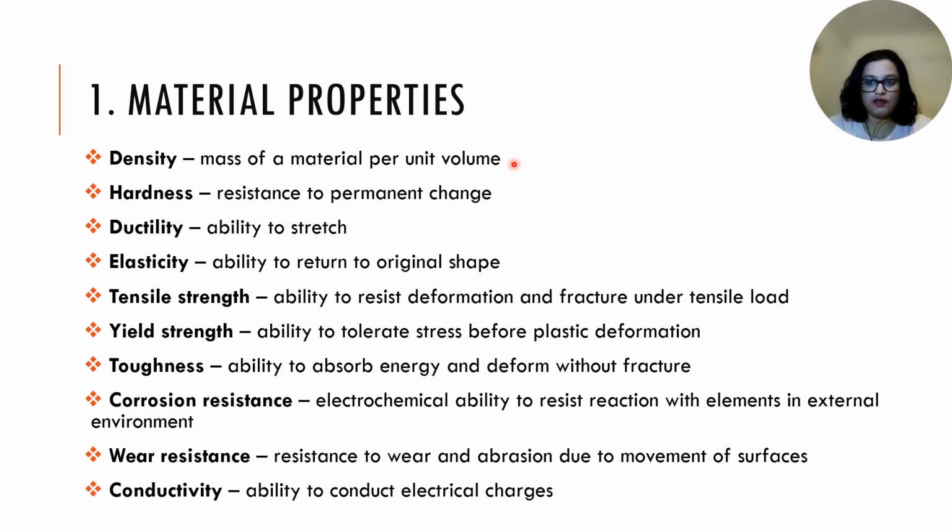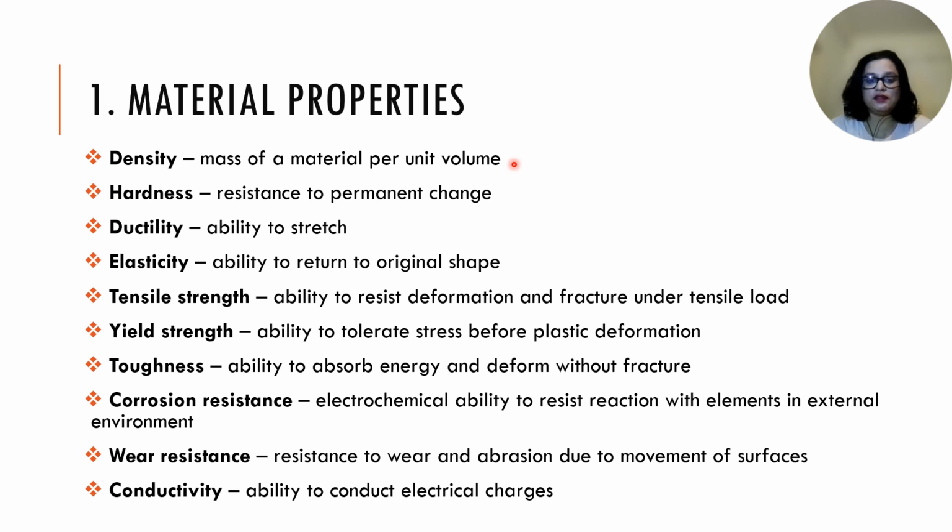And last is the conductivity, which is the ability to conduct electrical charges. This is critical for those applications such as electronics or those which use CP, cathodic protection, as their protection mechanism.